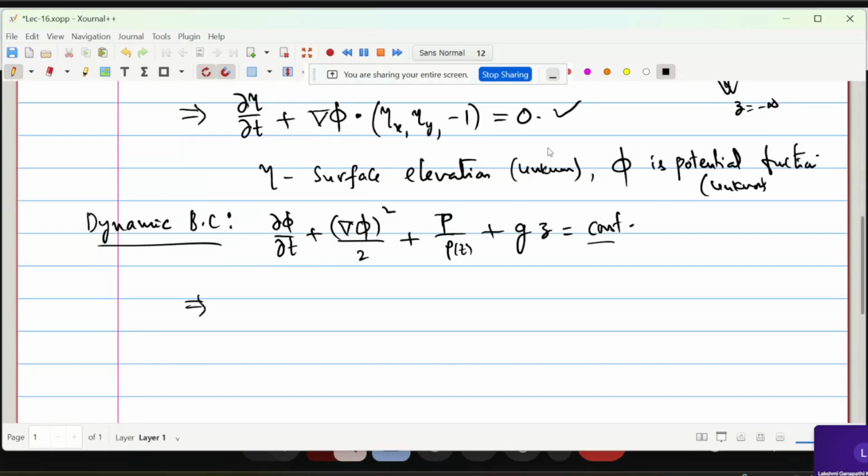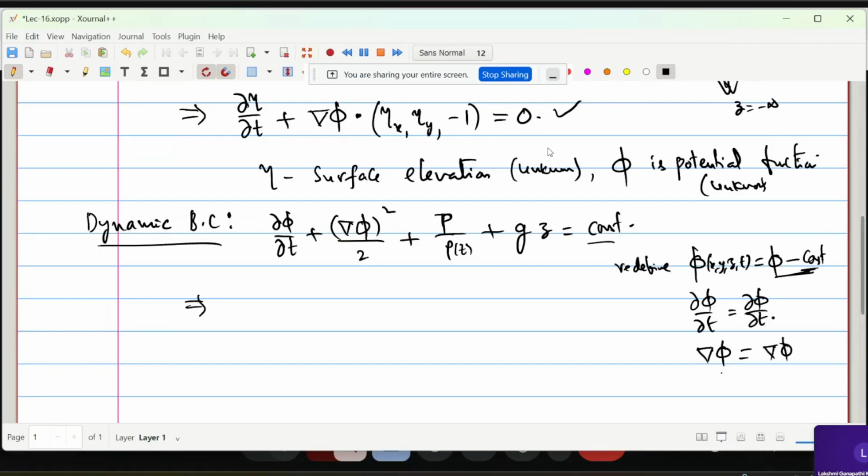I redefine my phi of x, y, z, t as the original old phi minus this constant, whatever constant it is, which may be unknown to you. Then dou phi by dou t is the same as the old dou phi by dou t, and grad of the new phi is the same as grad of the old phi.